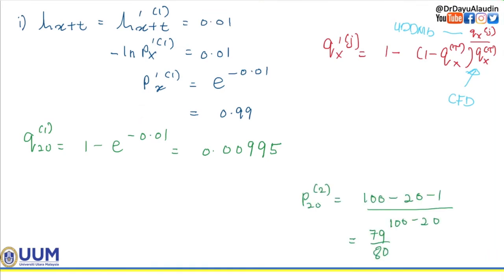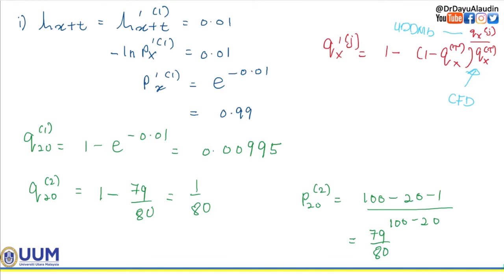Then we want to find qx2. First we can find px2 from the information given. So p20 for 2 is omega minus x minus t over omega minus x for de Moivre's law. So we get 79 over 80. Then we can find q20 for 2 by taking 1 minus p20 for 2, which is equal to 1 over 80.